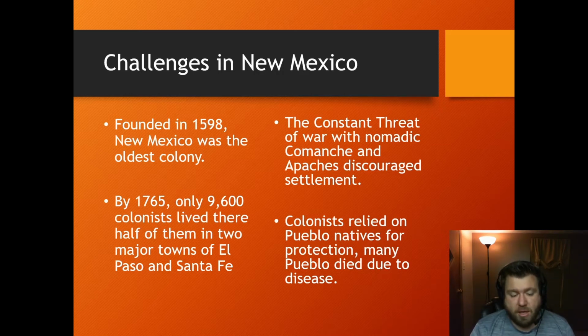They don't make permanent settlements. These tribes, the Comanche and the Apache, didn't set up permanent towns or settlements. They followed the buffalo herds. That was their main food source, and because the buffalo were always moving, they had to always be moving too.